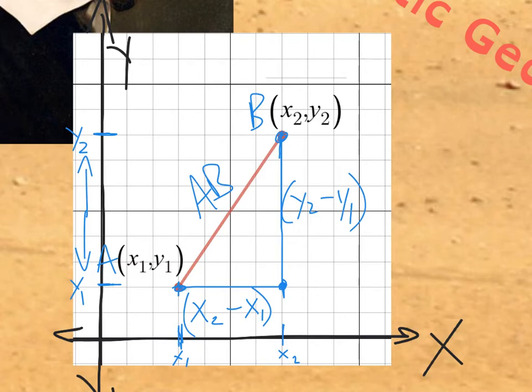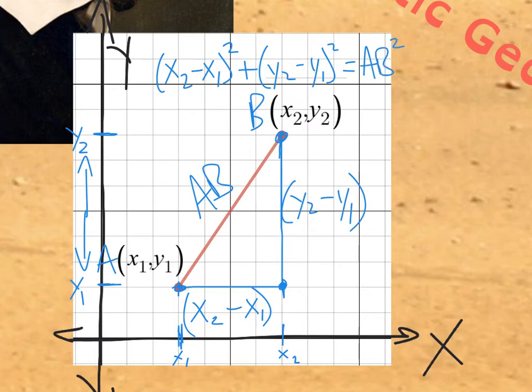Well, according to the Pythagorean theorem, if we take the x2 minus x1, that's just the length of this leg, and we square that, and we add the y2 minus y1, that's the length of this other one, so I square this, square that. That's got to equal AB squared, right?